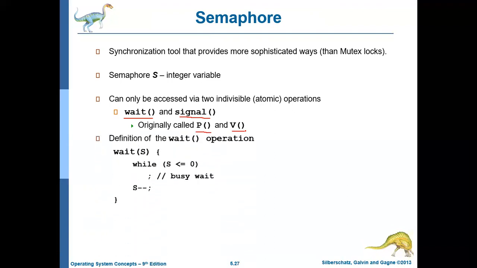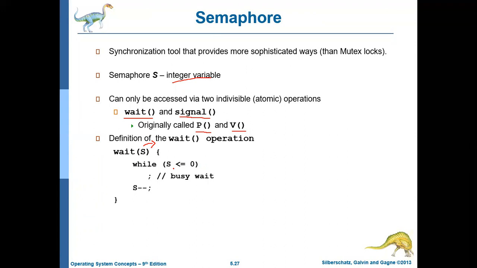And this is how the typical wait instruction appears. Wait and signal are atomic instructions. So wait on the semaphore S. S is connected to a shared resource, and S holds an integer value. In the wait, we are checking whether S is less than or equal to 0.